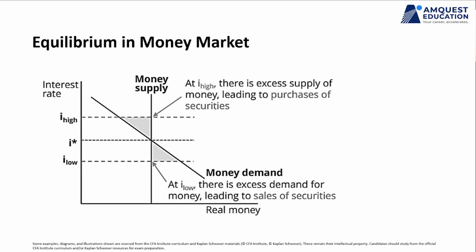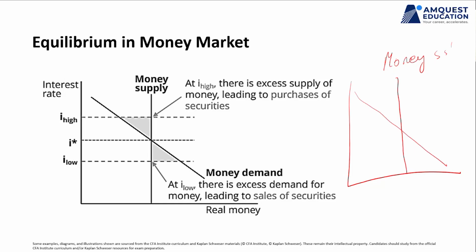Now when you come to equilibrium, if you remember, I taught you equilibrium in the demand and supply chapter, right? Now understand, when it comes to money, money also has a fixed supply. Ye nahi ki money can be printed. Money supply is fixed, right? You can't increase it. The money demand is what? Money demand is a downward sloping curve where the interest rate will decide the money demand.